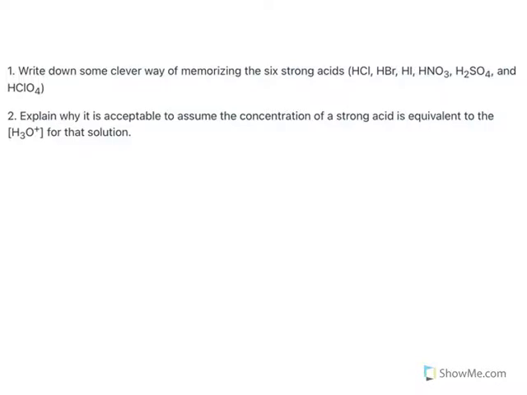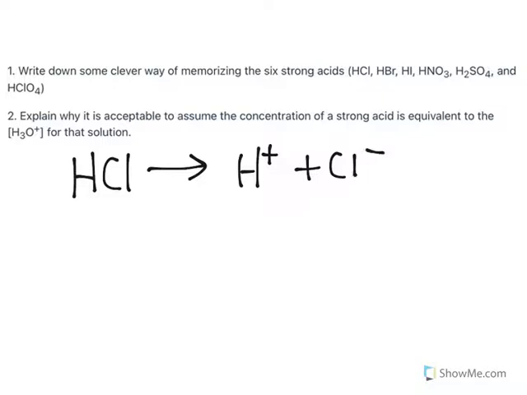Well, if you take one of these strong acids like HCl and you dissolve it into water, it's going to be a one-way reaction. Every bit of this HCl is going to dissociate into hydrogen ions and chloride ions. There is no reverse reaction because none of these ions come back together to form HCl.